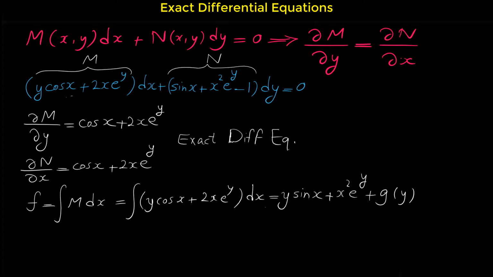If we take the derivative of this function with respect to x, the derivative of this expression is 0, because everything in this expression involves y and there is no variable x here. So we can add g(y) as a constant to our answer.